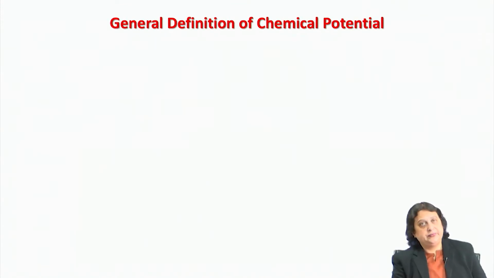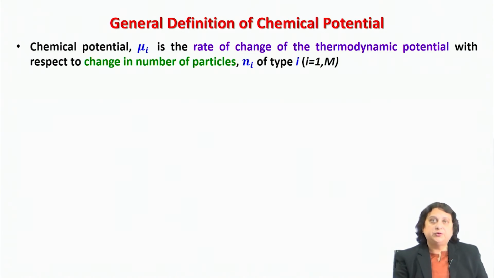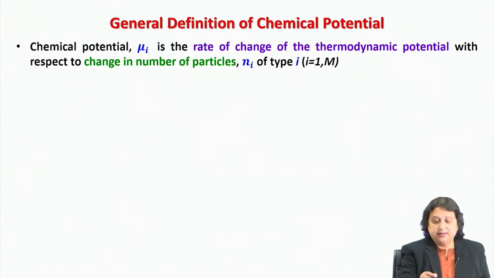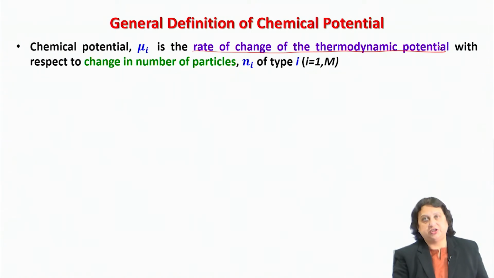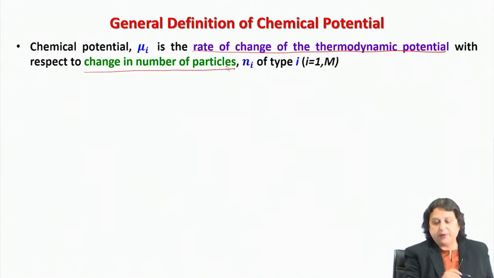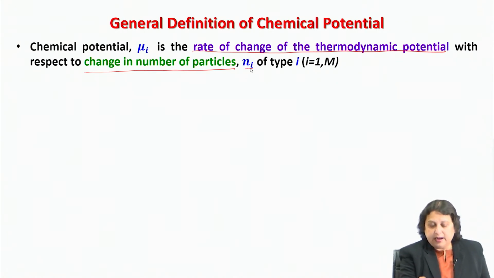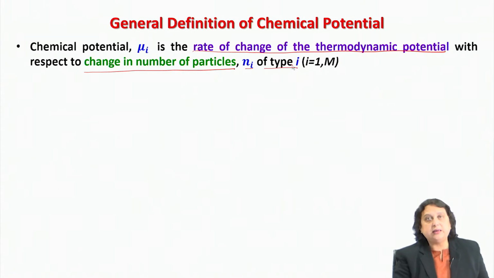Now, let us start with the general definition of chemical potential. Chemical potential mu i is the rate of change of the thermodynamic potential with respect to change in number of particles Ni of the type i.